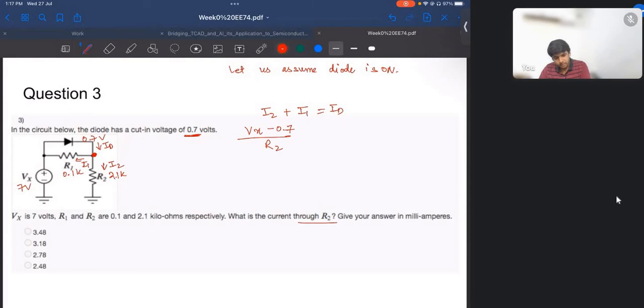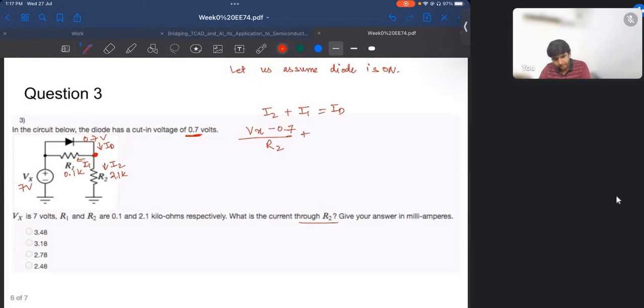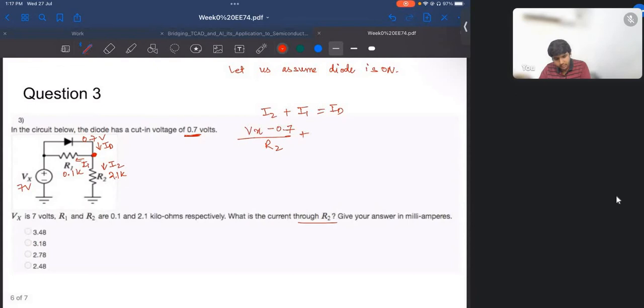Plus I1, which will be 0.7 by R1, equal to ID. If we try to solve it, (7 minus 0.7) by R2, which is 2.1 kilo ohm, plus 0.7 by 0.1 kilo ohm, equals ID. This will give ID equal to minus 4 milliampere.